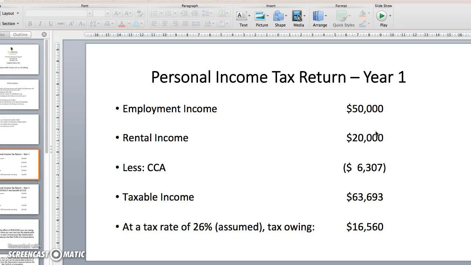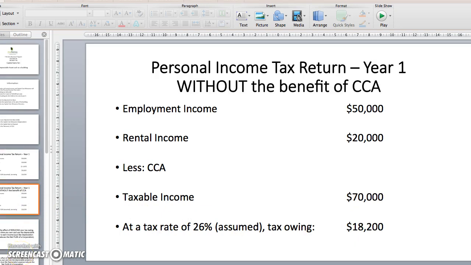In year one, assuming he had employment elsewhere, he would have, let's say, $50,000 of employment income, $20,000 of rental income from his tenants, and he would have deducted $6,300 of CCA as per the table we just calculated. That would give taxable income of $63,000 at a tax rate, let's assume 26%. He would have owed $16,560.